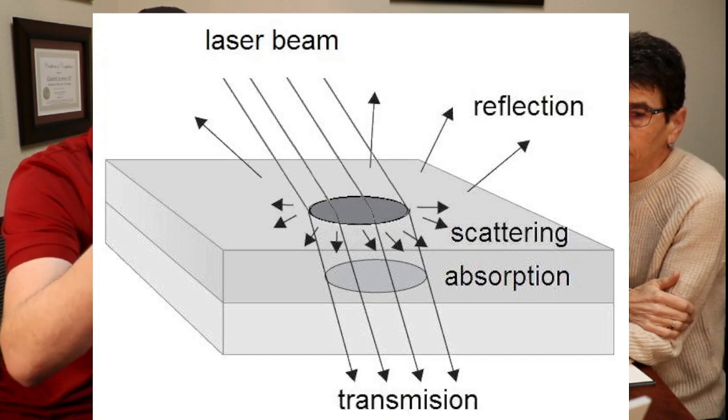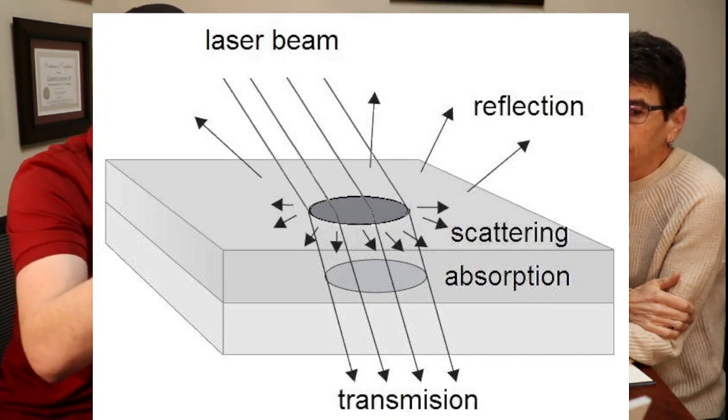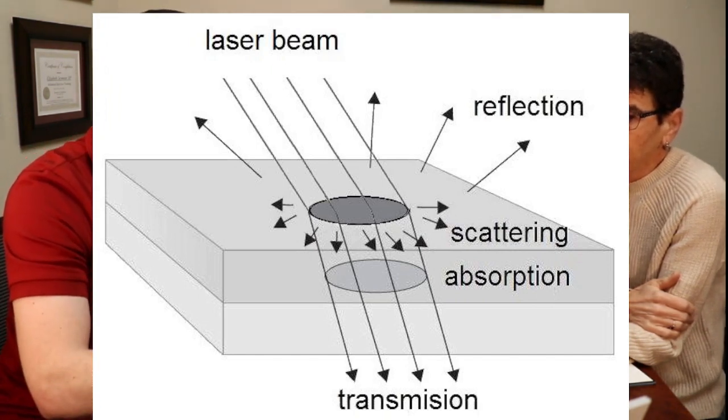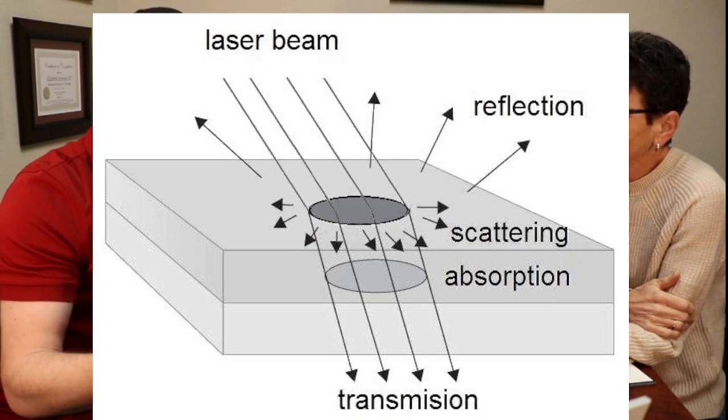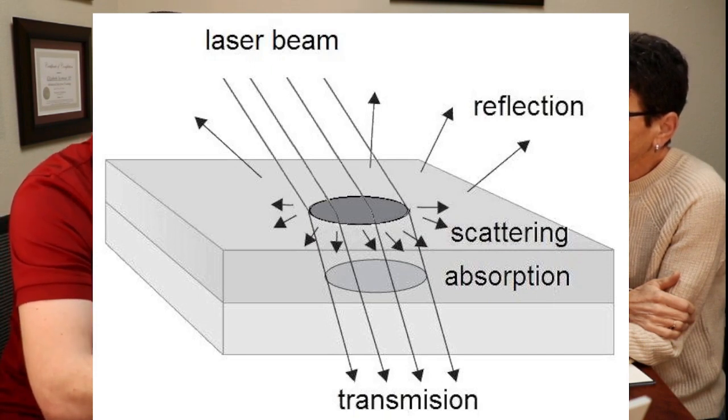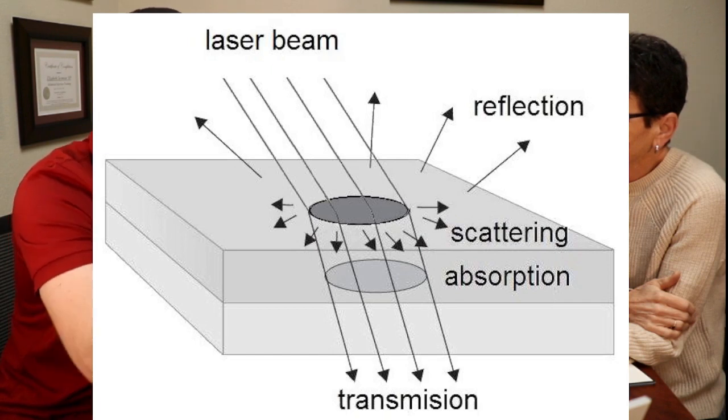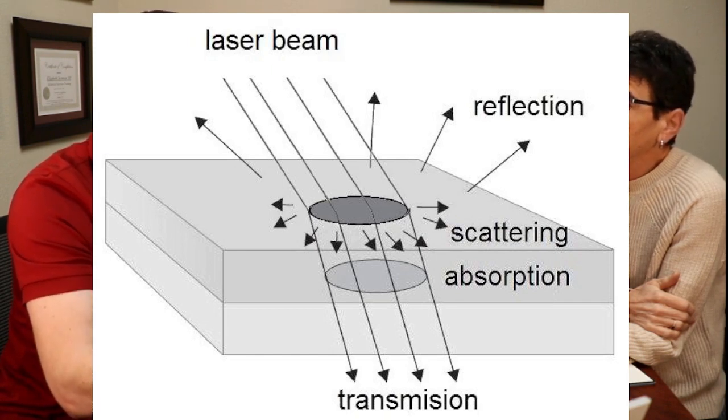And that limits the amount of transmission, or light that goes through the tissues. So the more scattering you have, the less transmission you have. Also, the more absorption you have, the less transmission you have, because that light is being absorbed. It's stopping in those tissues where it's being absorbed.